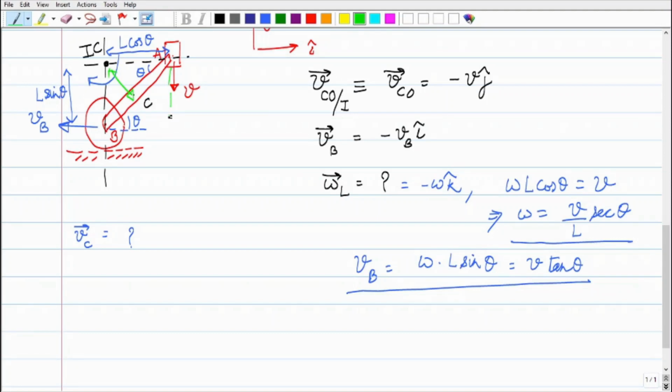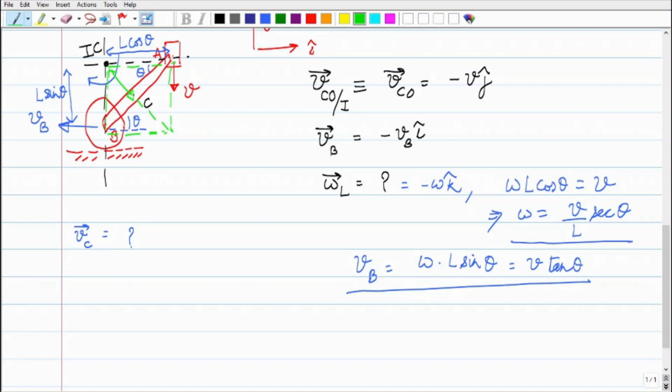Because this is the rectangle and that's the diagonal, and C is exactly halfway on this diagonal. This green thing is the rectangle, and the point joining IC and C is halfway on the diagonal. One of the diagonals is L, which is the link itself, so the other diagonal is also L. So IC to C is simply L by 2.